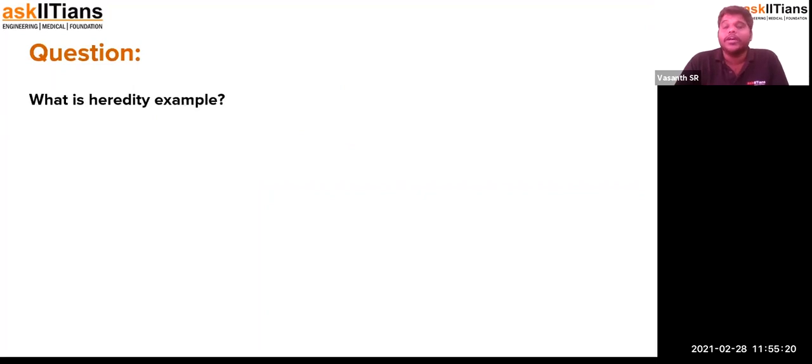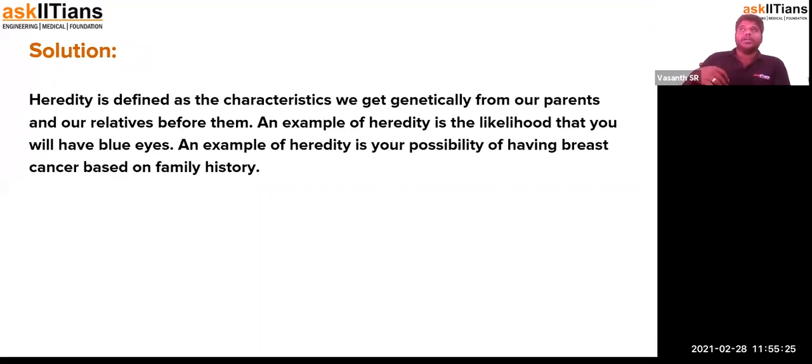And what is a heredity example? Heredity is where the genetic material of the parent is passed on to the next generation, and this passing of genetic material gives a lot of possibilities for the organisms to survive.